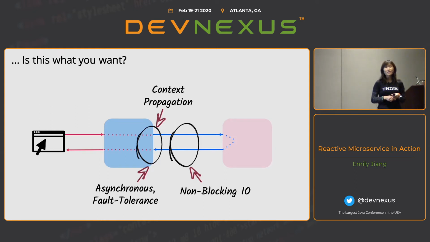At the moment, there are some initiatives. Hopefully the new JDK will be able to solve this problem. The reactive database access is now being folded into the new JDK. Hopefully the fiber will be able to solve the non-blocking I/O. And also with context propagation, asynchronous, and fault tolerance, you might be able to efficiently use your resources.